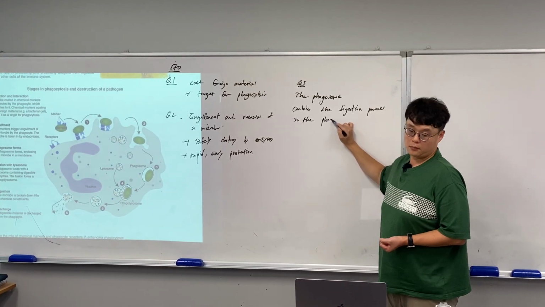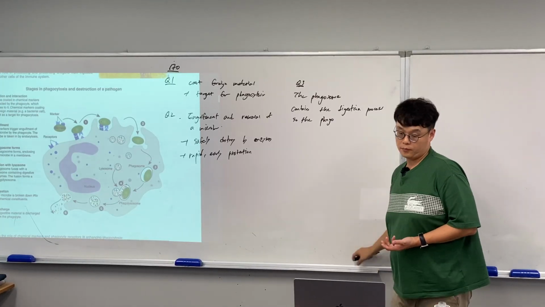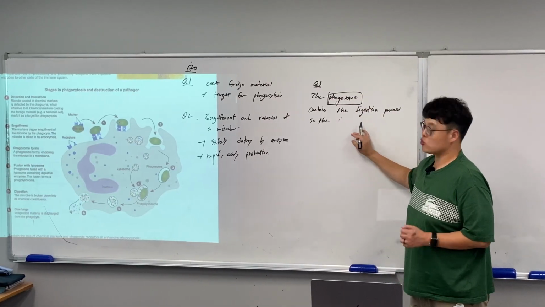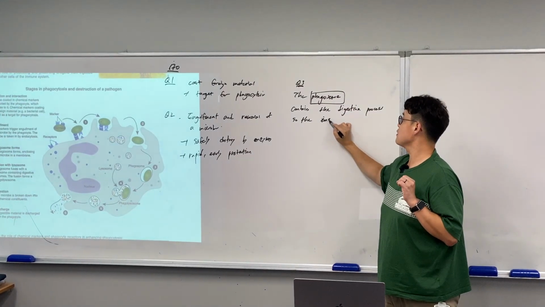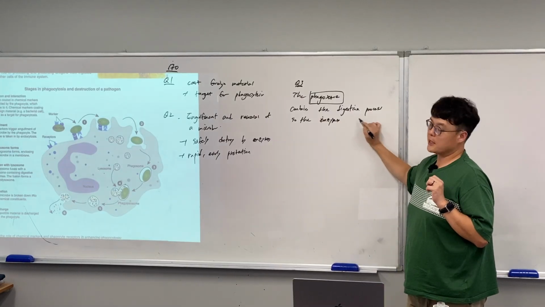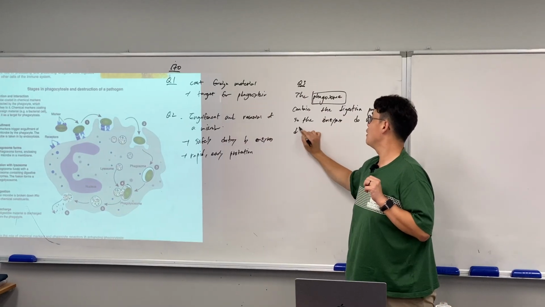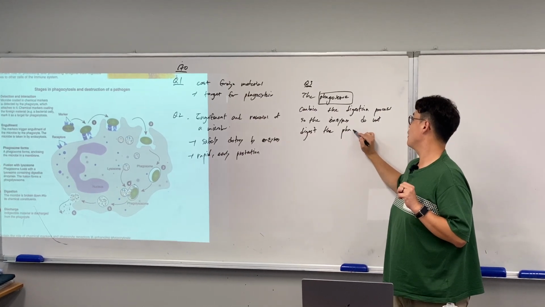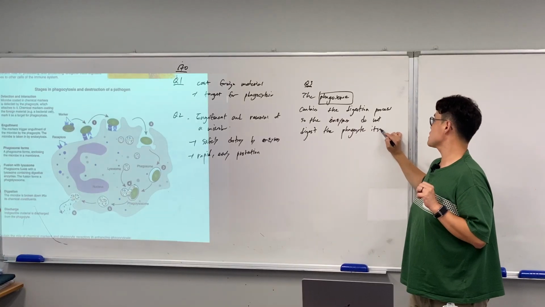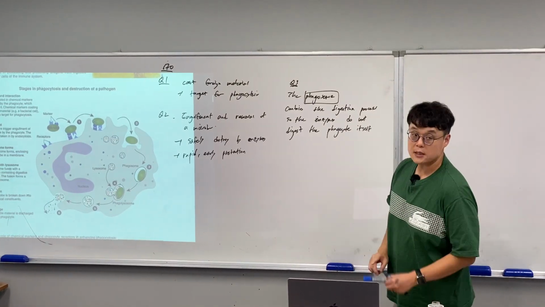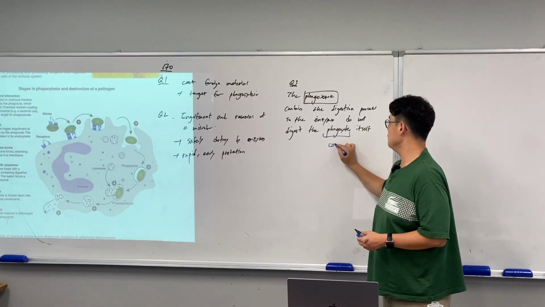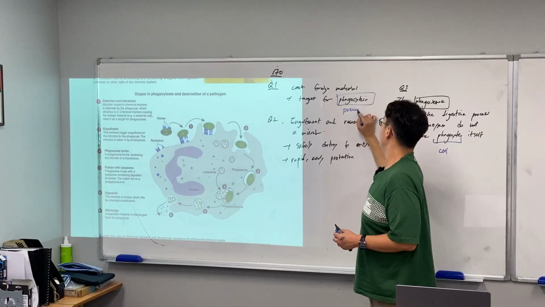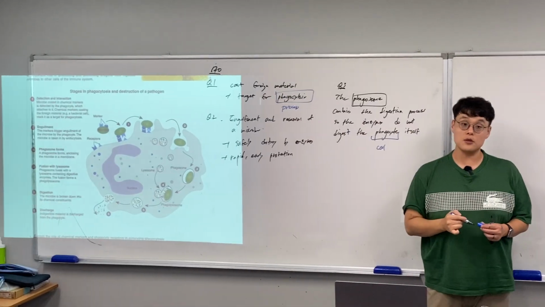The reason why we need a phagosome is so the enzymes do not digest the phagocyte itself. A phagocyte is a cell, basically. You can think of a phagocyte as a cell. Phagocytosis is the process.